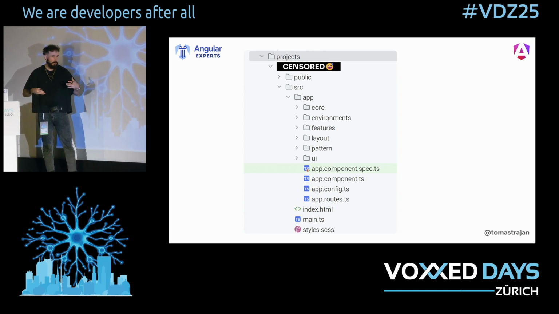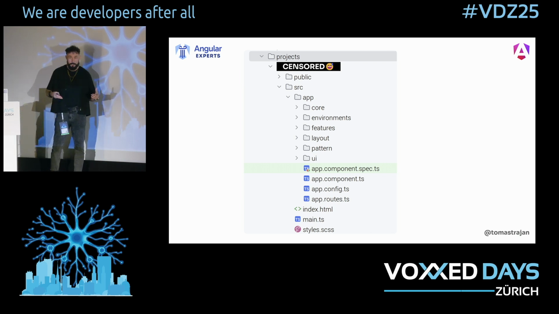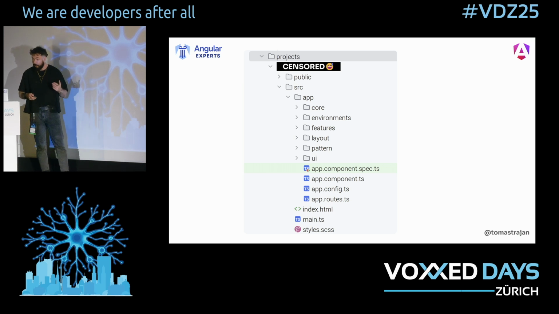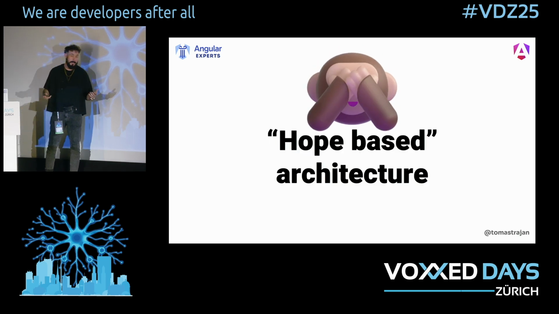You will have some kind of folder structure which can express this desired architecture which you came up with your team and you want to follow. But the problem with that is it's just a hope-based architecture, right?